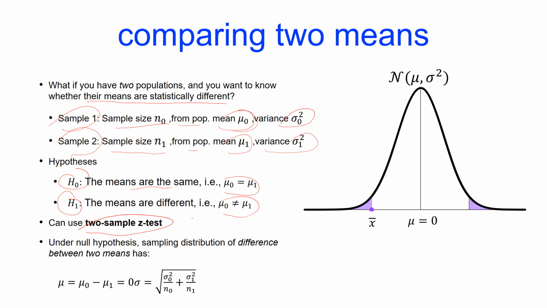So first of all, you need to construct something corresponding to a Gaussian, right? So here, what we want to test is their difference, right? So the thing we are going to test now will be this guy.